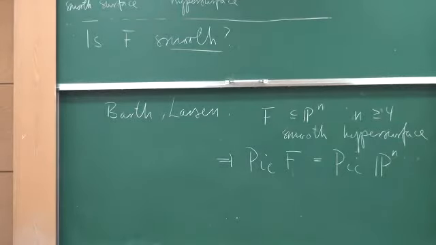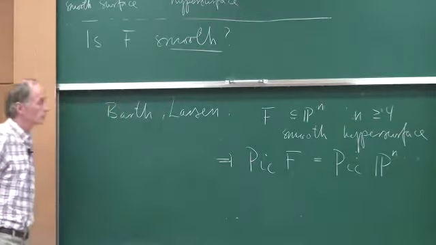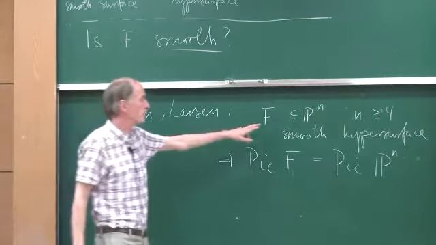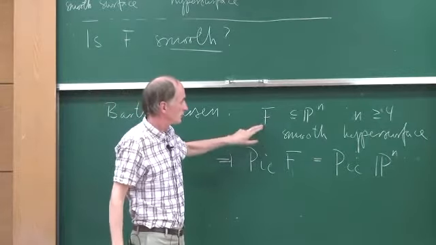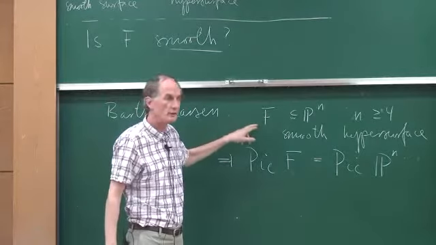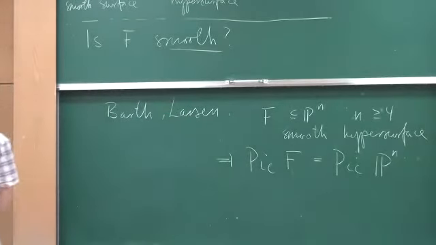So the Picard groups of these two varieties are the same, which means that if F is smooth, then any codimension 2 variety inside F is actually a hypersurface section.